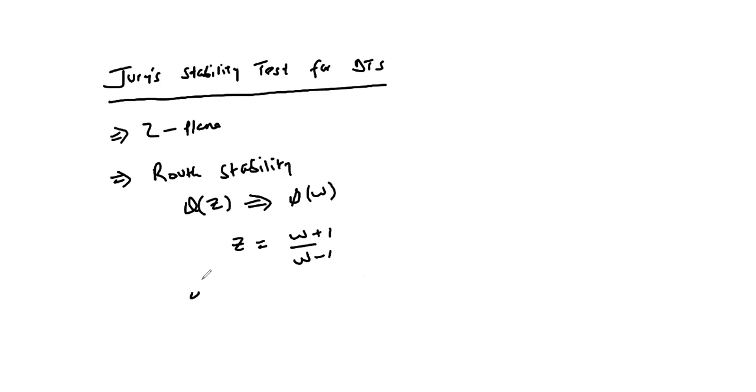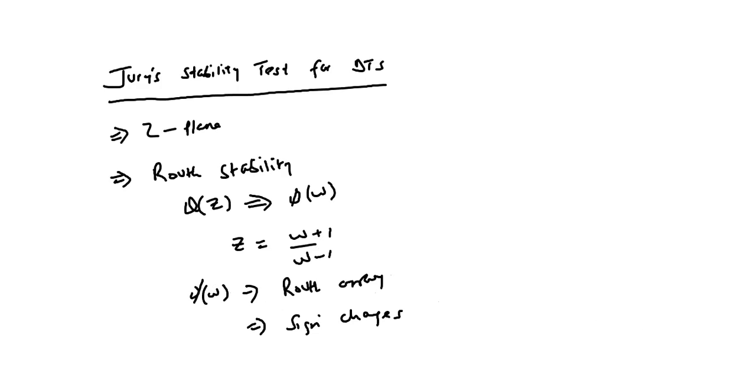Once we have the polynomial in W, we formulate the Routh array, and from the Routh array, we check for sign changes in the terms of its first column. If there are no sign changes, we conclude that the system is stable.